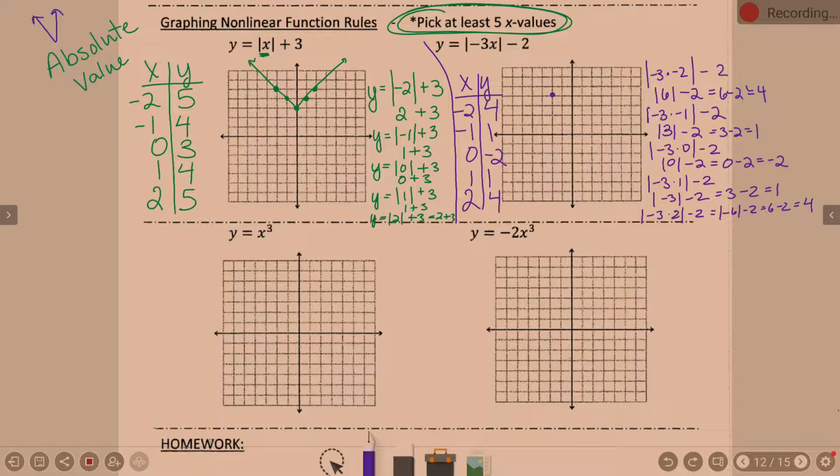So you go left 1, up 1. 0, -2. Left or right 0, and then down 2. 1, 1. Right 1, up 1. And 2, 4. Right 2, up 4.